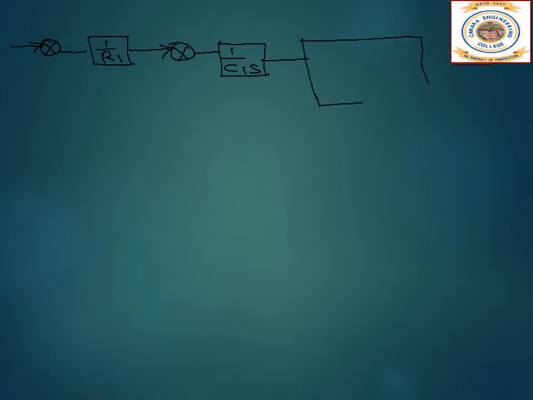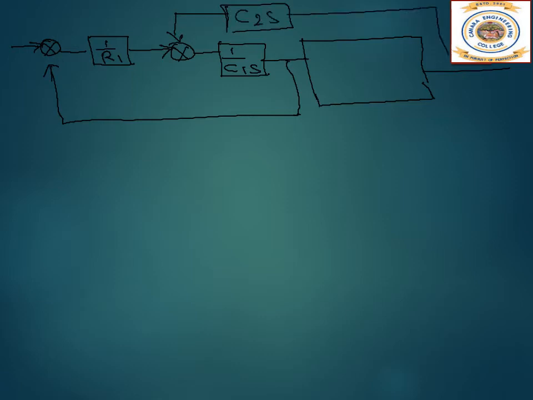This is the block, okay, and this we have in here, and this we have C2, yes, it goes up to here. So what we had over here, 1 by R2 and 1 by C2S. So 1 by R2 into 1 by C2S. This is G of S divided by 1 plus G of S H of S, that is, 1 plus 1 by R2 into 1 by C2S. Yes. What is H of S? H of S is 1. So we get this. Okay. So you simplify this part.